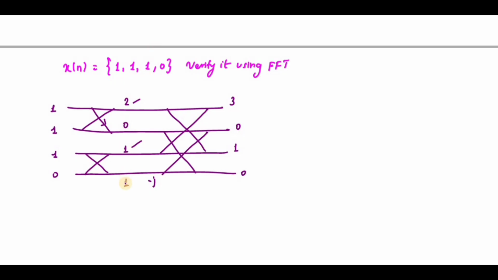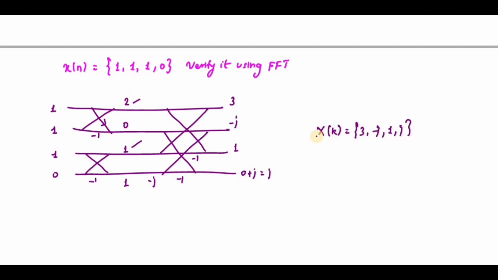Then 0 multiplied with minus j is minus j. So this is minus j, and this is j. So now my X of k is 3, minus j, 1, j. So this is your answer.